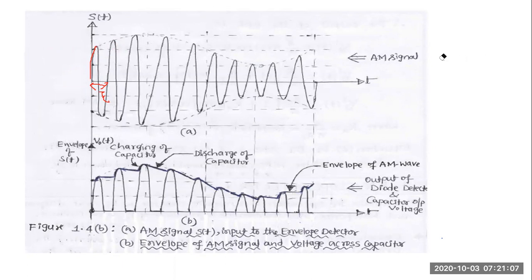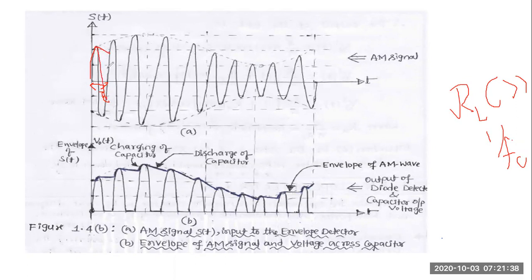Now, coming to the discharging time, we want RL × C, the discharging time, to be greater than 1 by Fc, or Tc, the time period of the carrier, so that it will discharge slowly like this, and it shouldn't discharge suddenly like this.